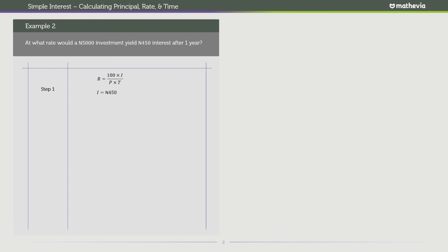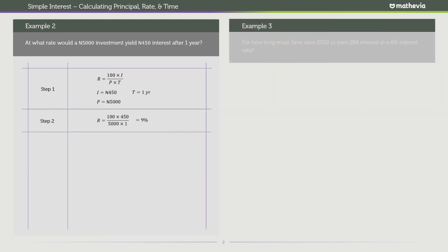So we have interest as 450 naira, principal as 5,000 naira, and time as 1 year. To find rate, we say 100 times 450 divided by 5,000 times 1, and we have that as 9%. When you work that out, you should end up with 9. Remember, rate is always in percent, so we have 9%.